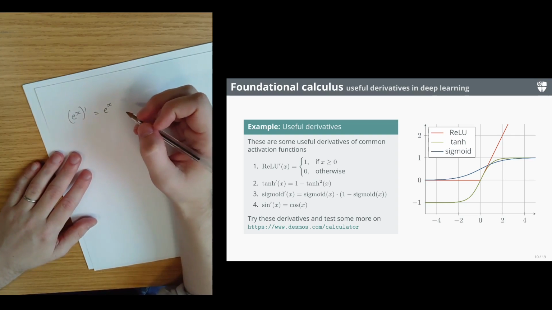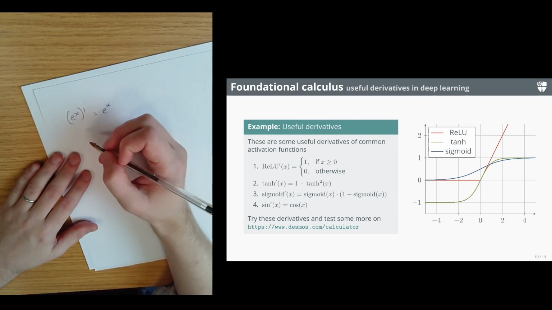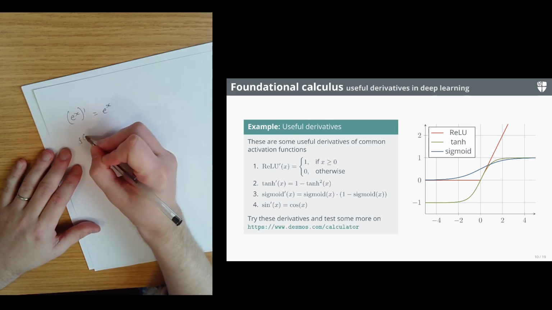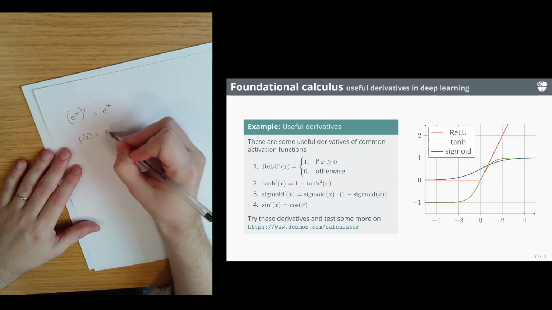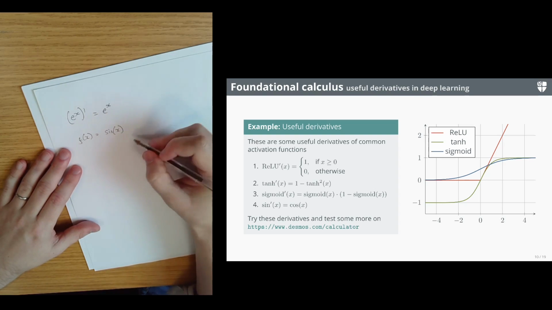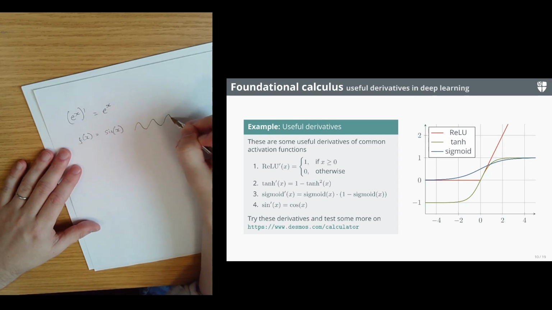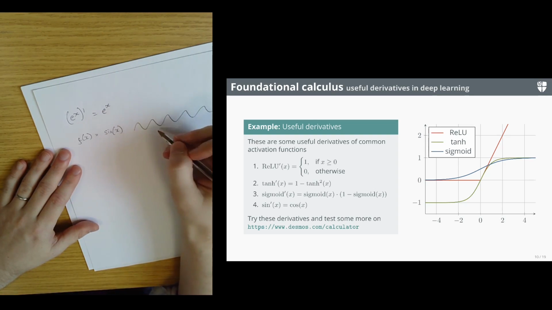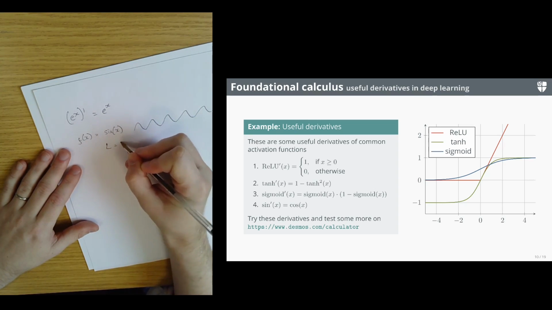Another interesting case, which is useful to know, is a periodic function. Say f(x) = sin(x). Sine of x is periodic. If you plot it, it repeats forever and ever like this. It has a period of 2 pi, so we could say the period L equals 2 pi.